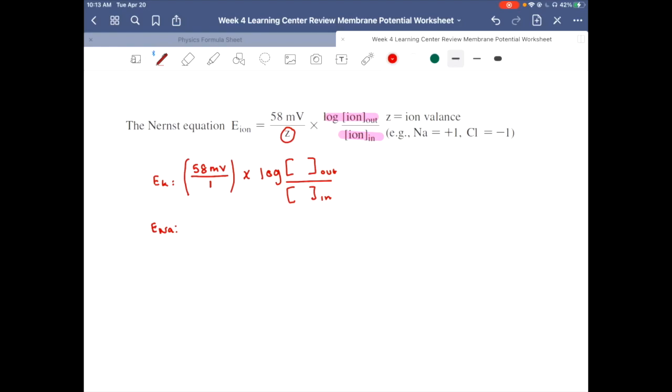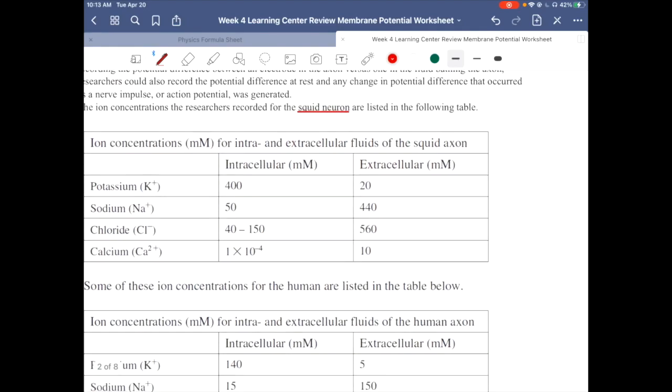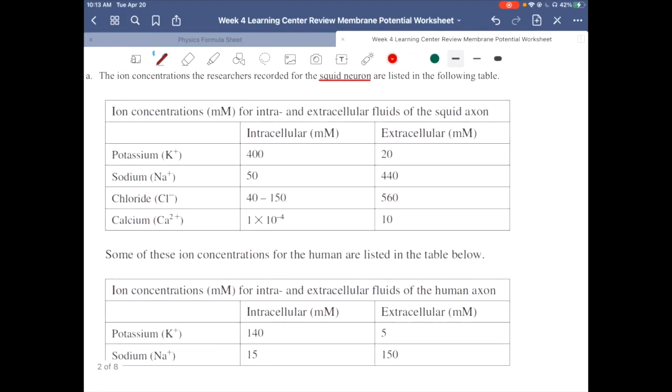And this is where we need to go back to the table and find those concentrations. Since we're looking at it for humans, the question said sodium and potassium in humans, we're going to be looking at the second chart. And here we see that intracellular is 40, which is the concentration in. And then here, this is 5, the extracellular, the concentration out.